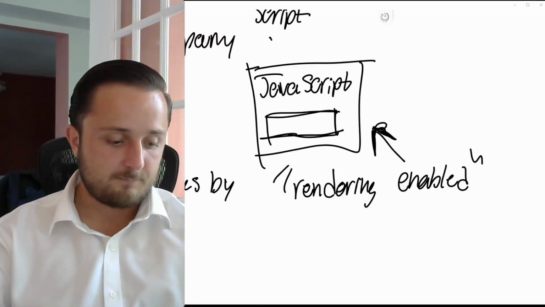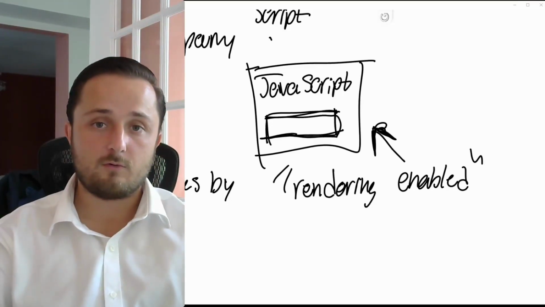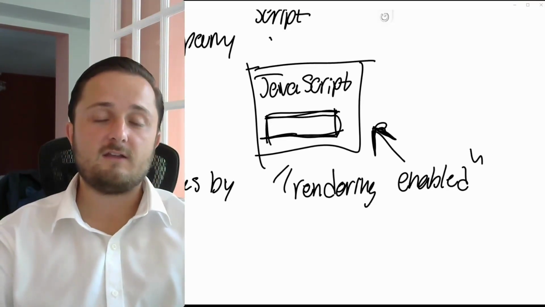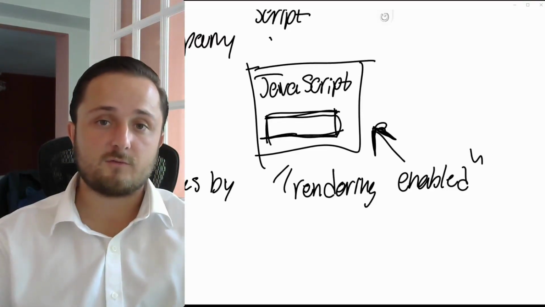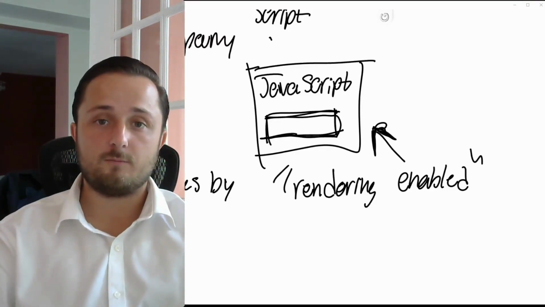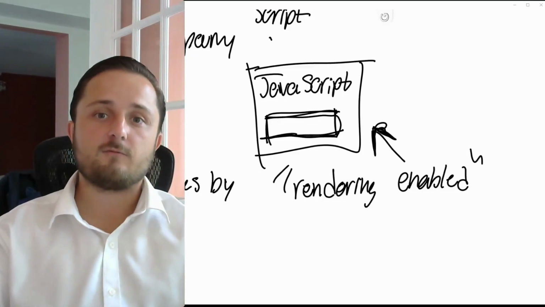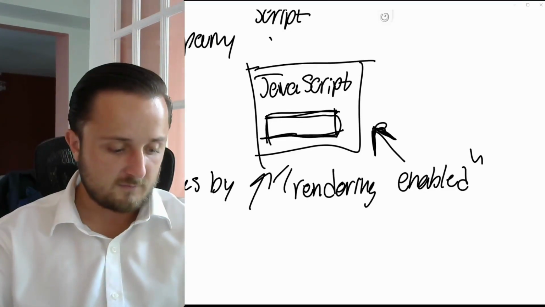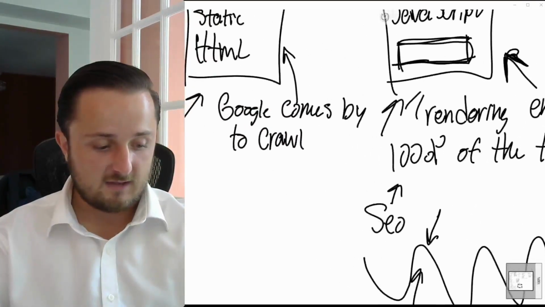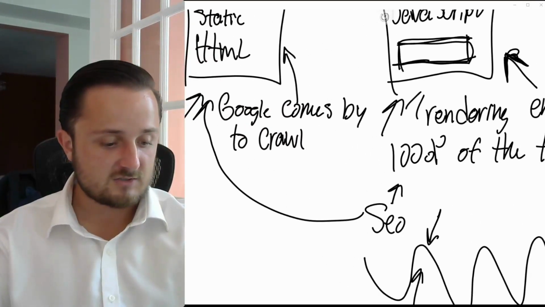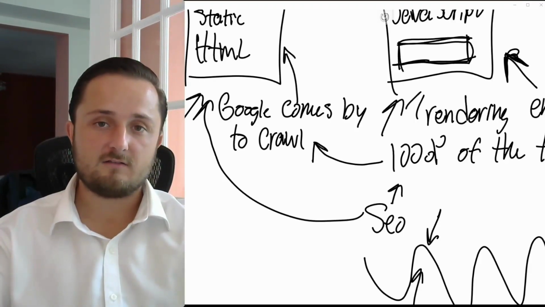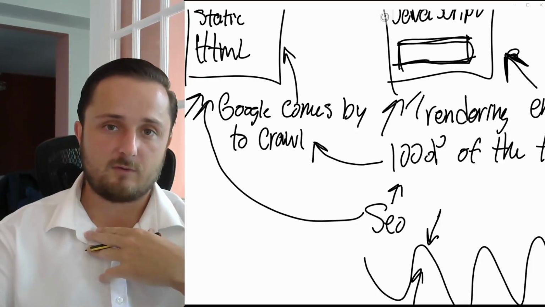So that WordPress plugin your agency or whoever built the site for you is using JavaScript to pull in the review content from your Google Business Profile, as an example, it's running a script that Google's not going to see 100% of the time. So instead, we want to convert everything to static HTML. So every single time, when Google comes by to crawl, it will see all of our content. And this is how I build all of my clients' websites.